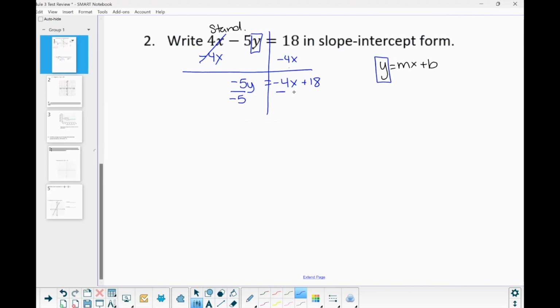I'm going to divide by negative 5 on every term. My 5's go away. They don't cancel because negative 5 divided by negative 5 is not 0, but they give you a 1, and 1y is the same thing as just having a y. Our two negatives create a positive, so we're left with 4 over 5x minus 18 over 5.